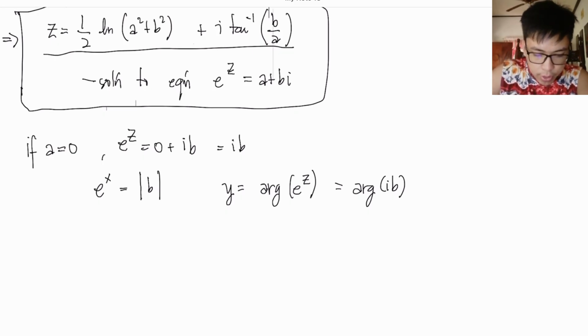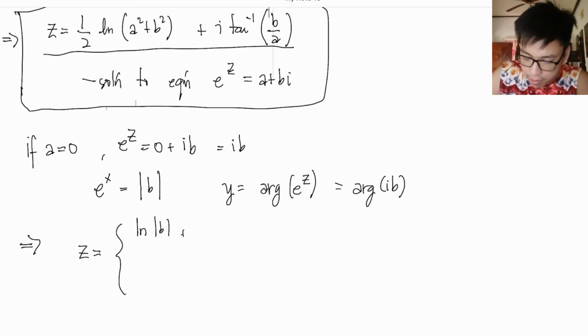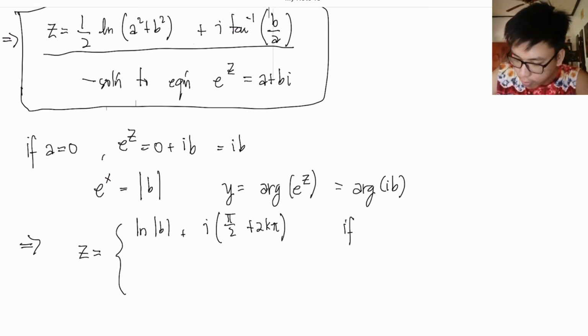So in this case, we have an additional formula: z is equal to ln b + i(π/2 + 2kπ) if b is greater than 0. Now, if b is less than 0, then we would have this case here.